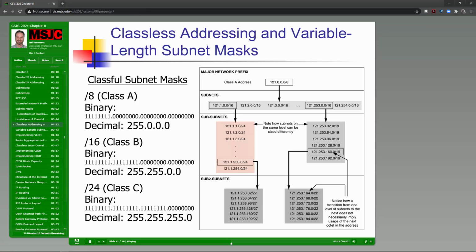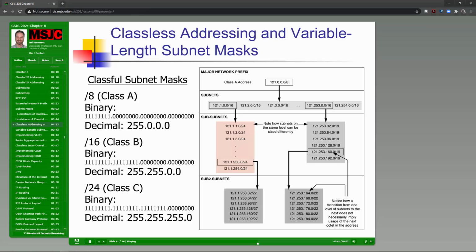Whereas on the right-hand side, in the gray box, you notice they're using a /19 there. So with 19, you've got the first 2 octets that are the network ID. That's accounting for 16 bits. And then we've got 3 bits left over in the third octet that are also representing, in this case, the subnetwork of the subnet.